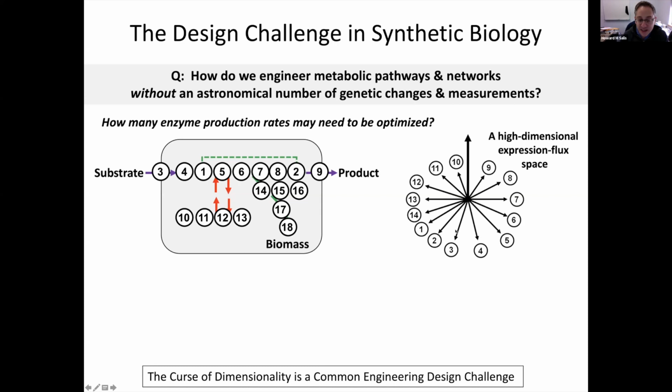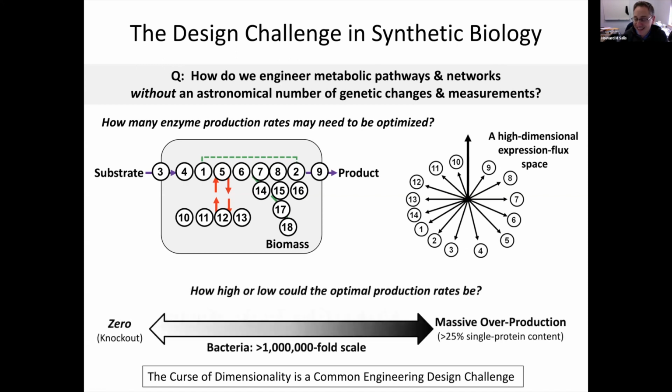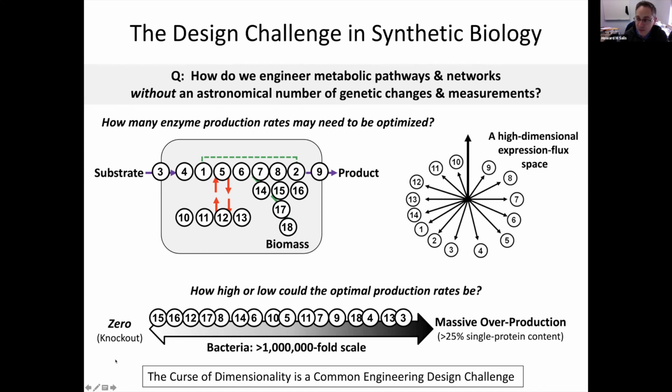But already with 18, you have an 18-dimensional space that you are operating in. You have 18 targets where if you change the expression levels of those 18 enzymes, you're going to be affecting how well the organism is converting the substrate to the product and self-replicating. And importantly, the expression levels of those enzymes in bacteria can vary anywhere from 0, where you knock out the enzyme, all the way up to like 25% of total protein content.